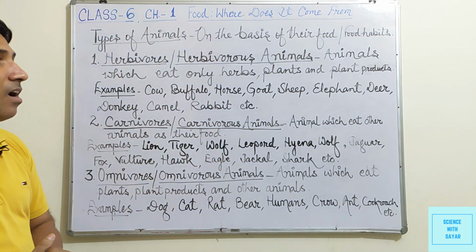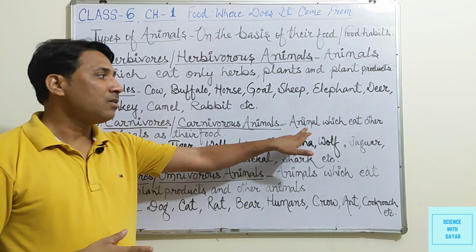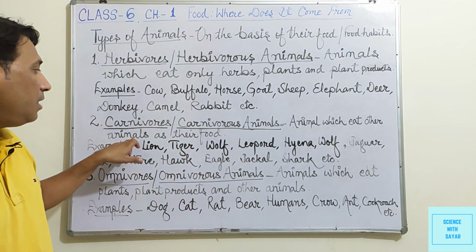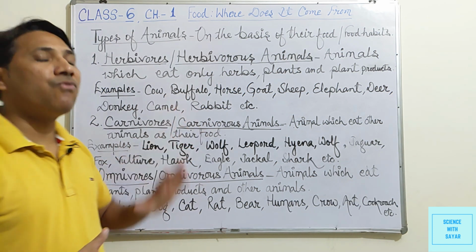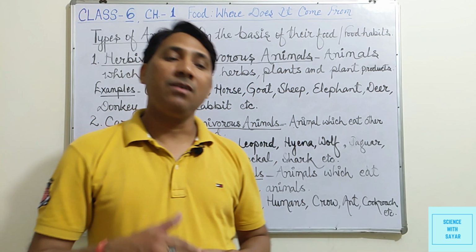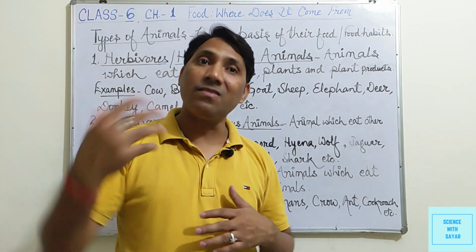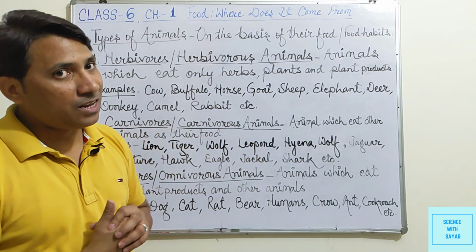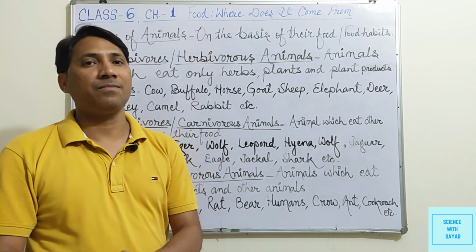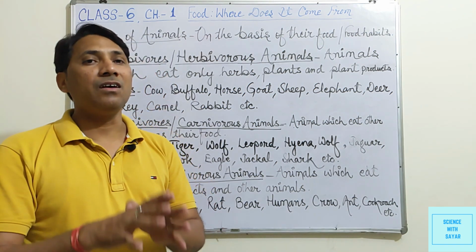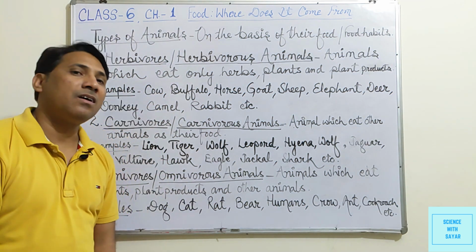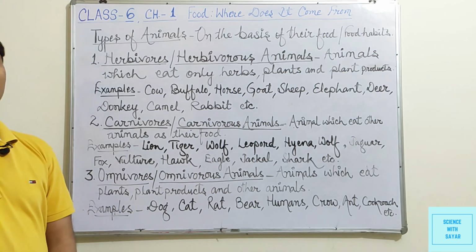Second type is carnivores or carnivorous animals. It means these are the animals which eat only animals as their food. These animals eat only other animals. They get their food from other animals. These are known as carnivores or carnivorous animals.